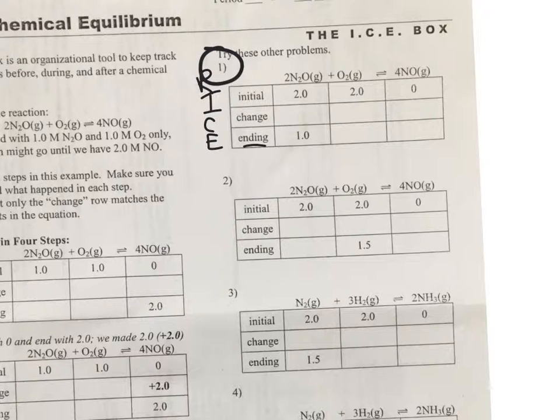But what should be your first goal? You should fill out the change line first, right? And then you should solve for x. Once you solve for x, now you can fill out the rest of these guys, okay? I do want you to tell me what the k value is for each of them as well. All right, got it? Sweet.